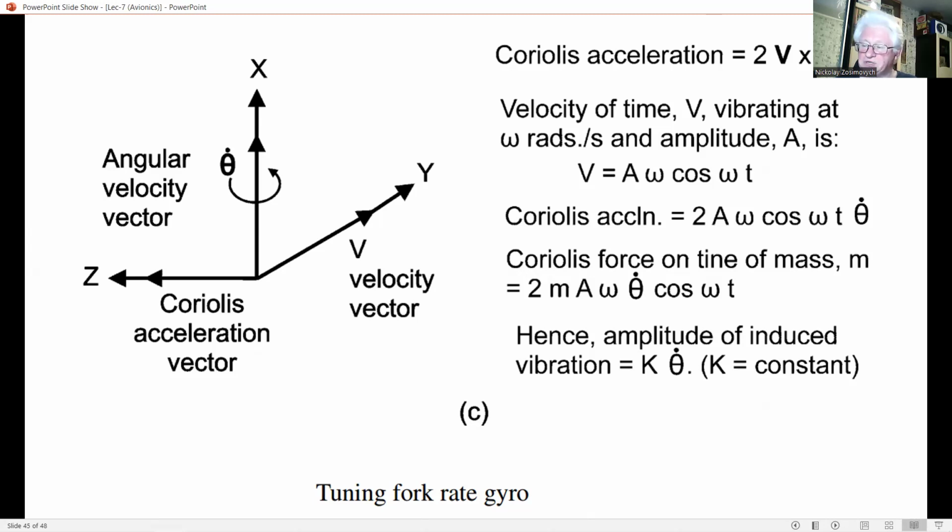This amplitude is measured by suitable sensors to give an output signal proportional to input rate. This figure outlines the basic theory. But you should note here, Coriolis accelerations are discussed a bit further in the next slide.